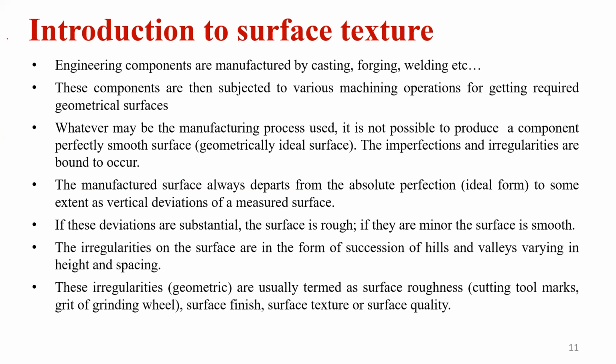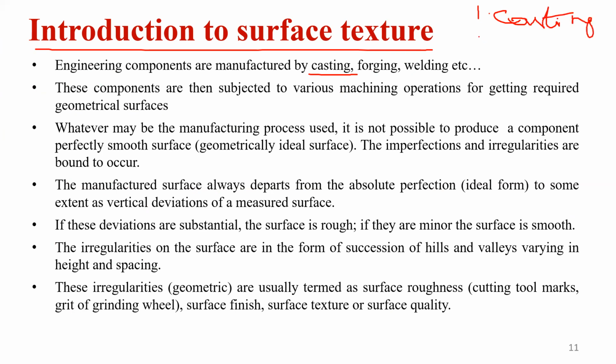Coming to today's lecture, that is introduction to the surface texture. In mechanical engineering, the engineering components are manufactured by either a primary manufacturing process or a secondary manufacturing process. What are the primary manufacturing processes? Like casting. The second one is forming.